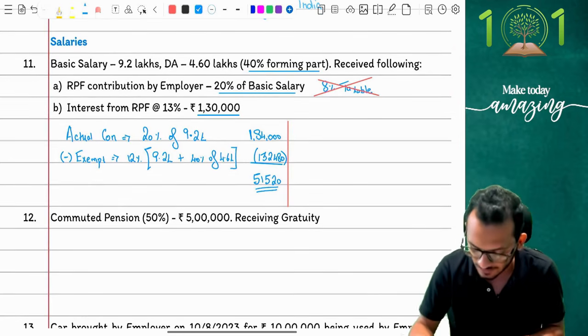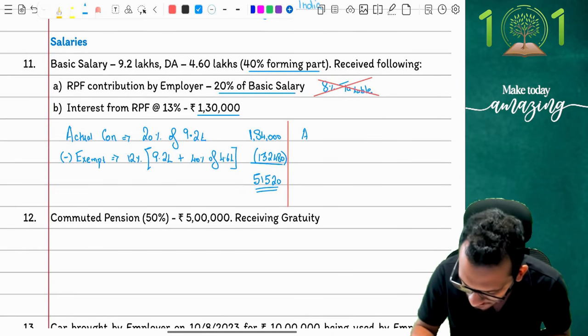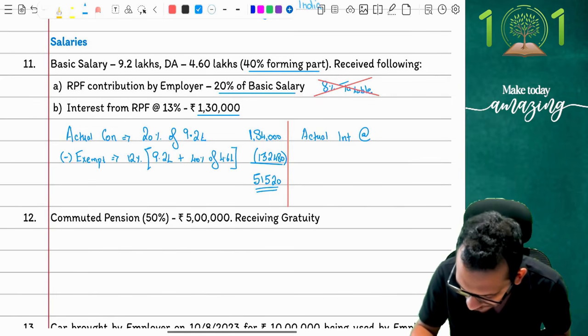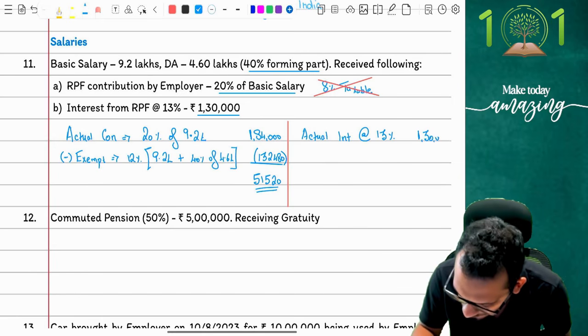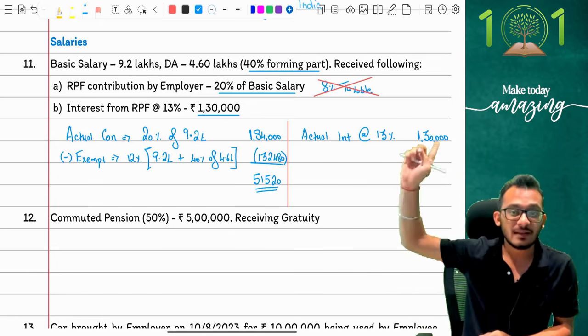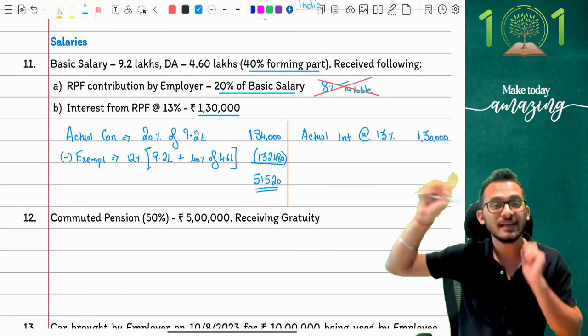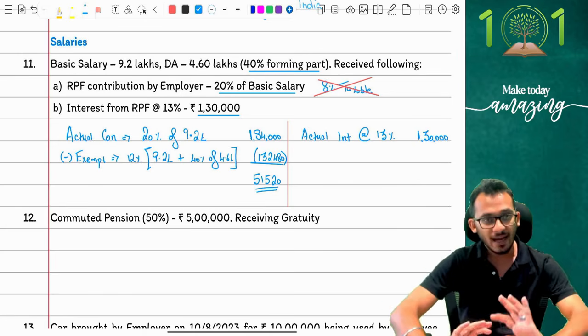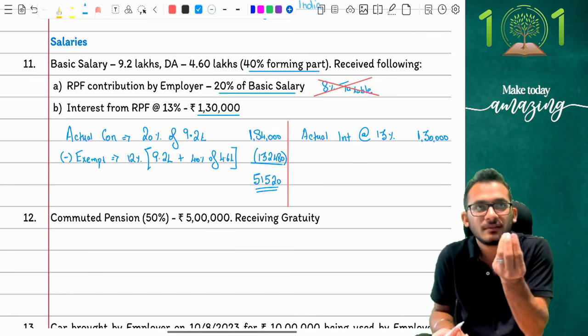The calculation is, first you will ask, how much interest did I get? I got interest at the rate of 13%, which is 1,30,000. So let's learn to understand the question first. First, the 1,30,000 given to you is at the rate of 13%, which means I put, let's say for example, 10 lakh rupees.